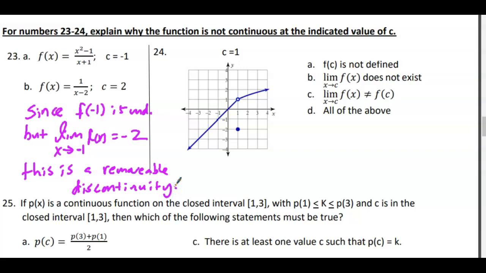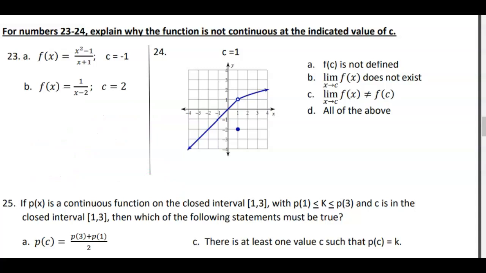So I want you guys to be able to tell that too, because I think on the exam, I'm going to want you to do a little bit more than just telling me why it's not continuous. I might ask you, what kind of discontinuity is it? Is it removable or non-removable?